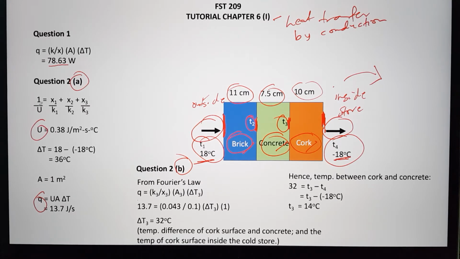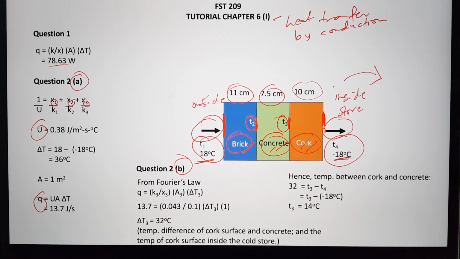For this, you just use the equation 1 over U equals X1 over K1. For material number 1, number 2, number 3, it's really up to you whether you put number 1 as brick, number 2 as concrete, number 3 as cork, or vice versa.